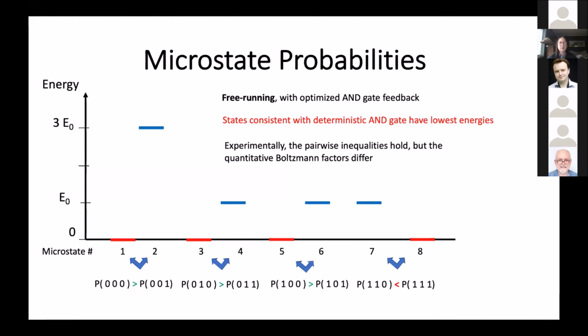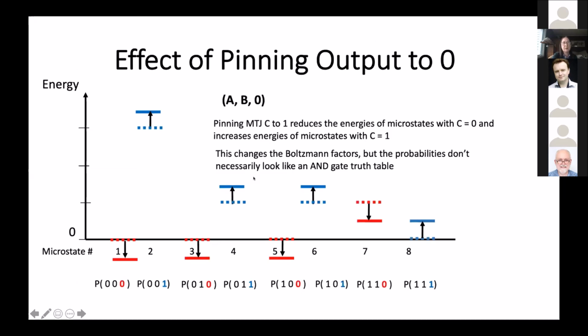And really what you're doing is you're looking at an energetic picture of the preference for different microstates. So if you had the ideal AND gate, these blue states would be infinitely high in energy, and that's not what we have in a probabilistic scenario.